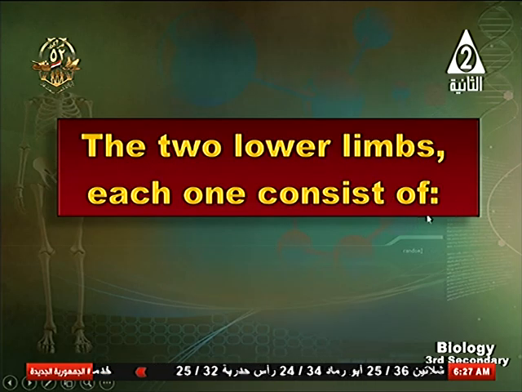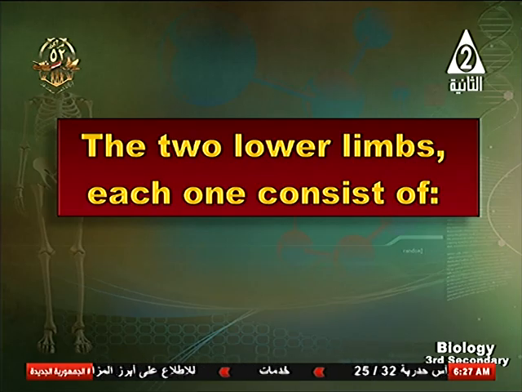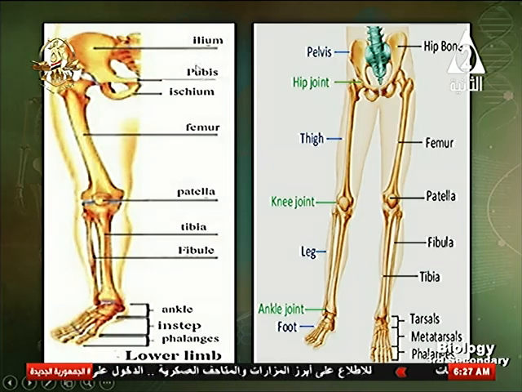Each one consists of what? We explained it, but we will make a quick revision. These are the lower limbs. This is the pelvic girdle, with the ilium, pubis, and ischium, also called the hip bones.